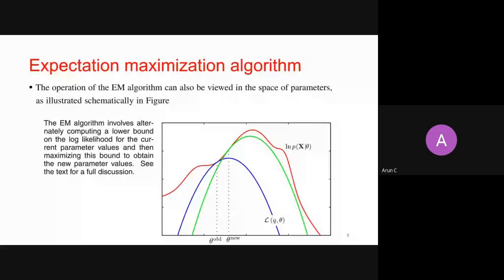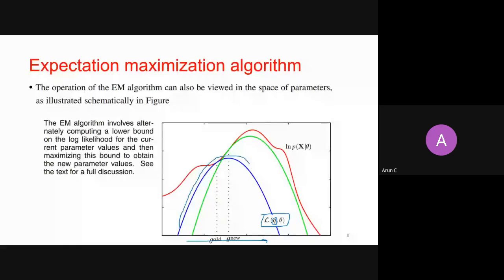No, that's fine. So I am trying to show you here that this lower bound L is a function and functional. If it is a function, then you change your theta and you have fixed your q, right? Once you change your theta, you are moving on this curve like this, because your q is fixed.